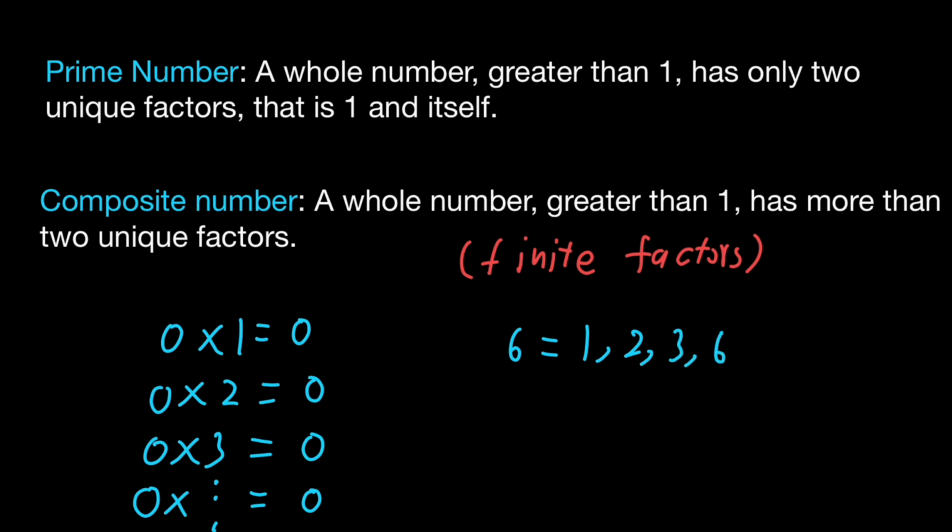These 4 numbers are the unique factors of 6. So it stops somewhere. But in this case, 0 times any number will give you 0, which means the numbers will not stop. It has infinitely many factors, not finite factors. So in this case, it's not a composite number.